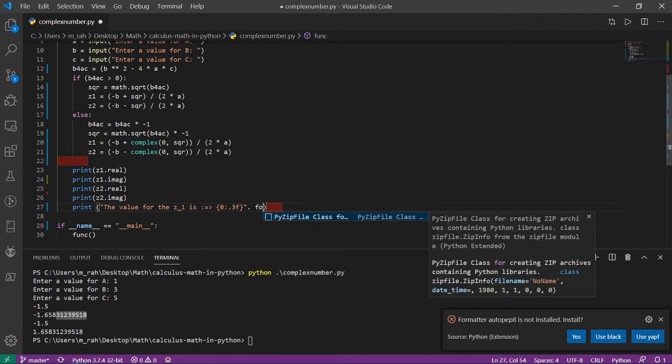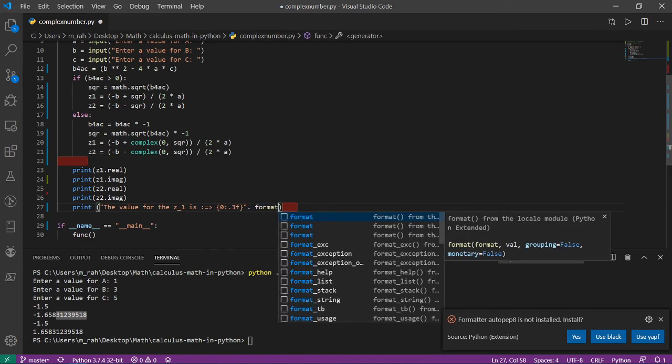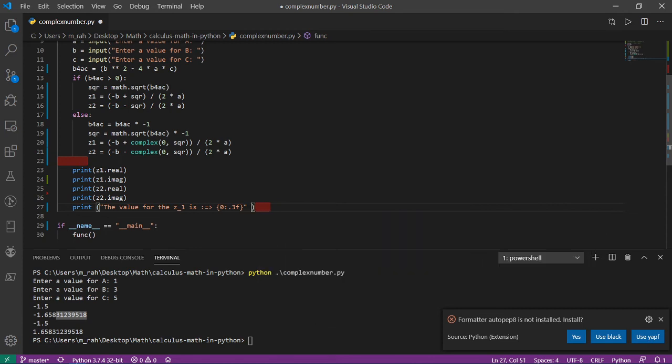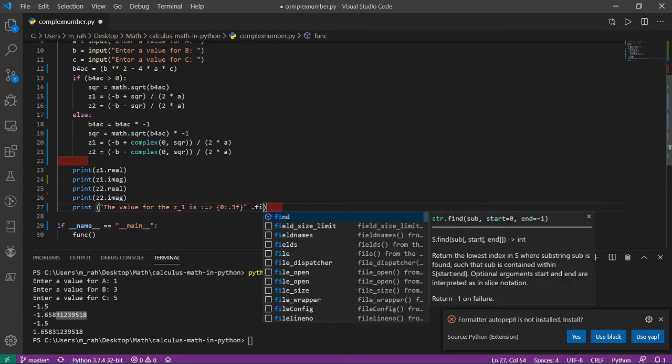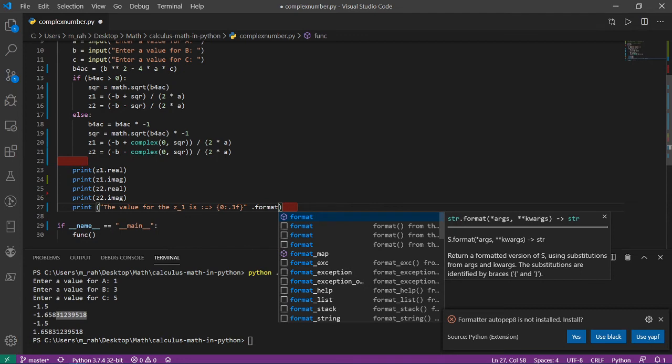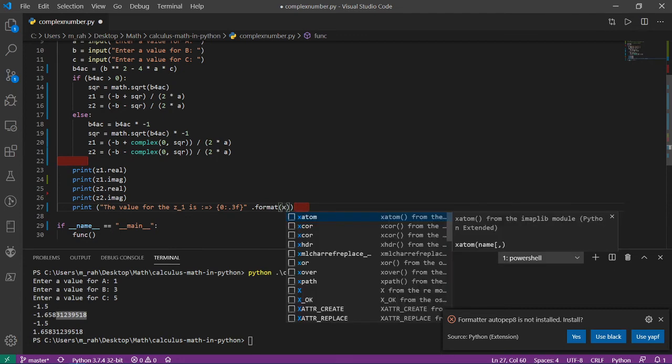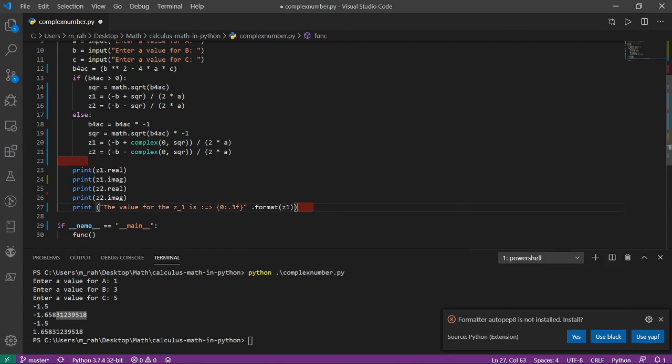So we format it and pass set1. Now we do the same for set2, changing the name to set2.